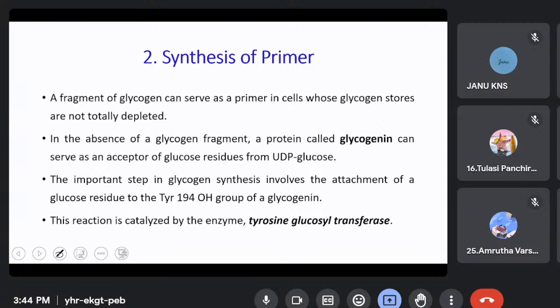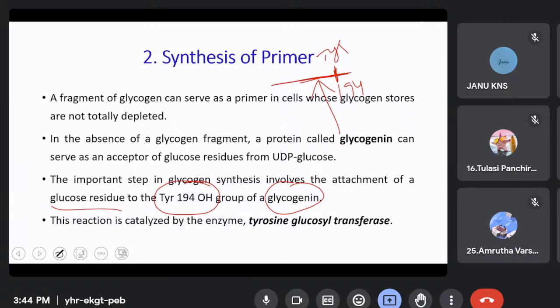The important step in glycogen synthesis involves the attachment of a glucose residue to the tyrosine 194 hydroxyl group of glycogenin. So this is glycogenin, this is the primer. And here at the 194th place, there is a tyrosine residue.